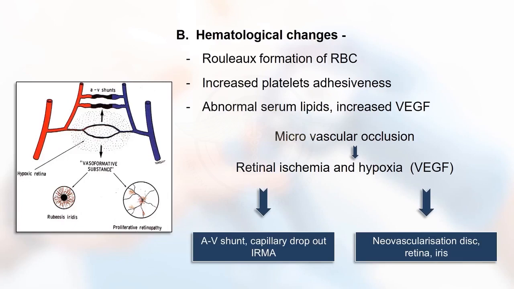There is AV shunt and capillary dropout and intraretinal microvascular abnormalities, and neovascularization in the disc and retina and the iris. That is being shown in the picture. Here the neovascularization is there, and the iris is there. And these are the AV shunts. So this is in a pictorial presentation.